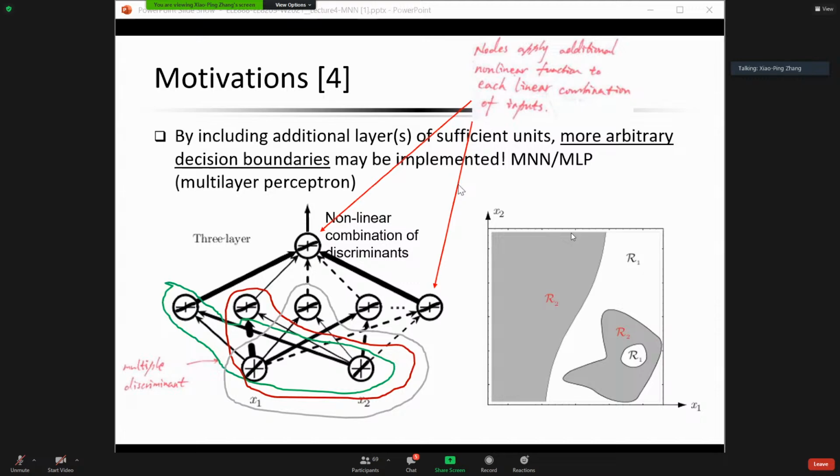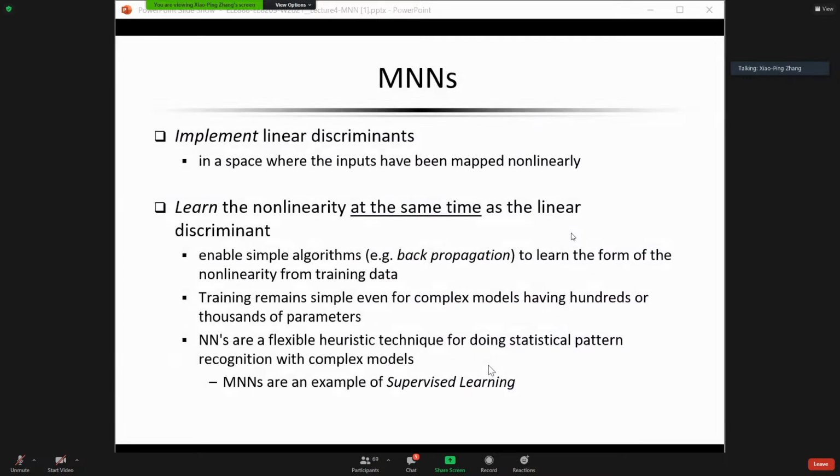If I have a lot of them stacked together, either in width and in depth, then you have a multi-layer neural network. And possibly you can construct the boundary and construct decision regions like this. So that's the idea.